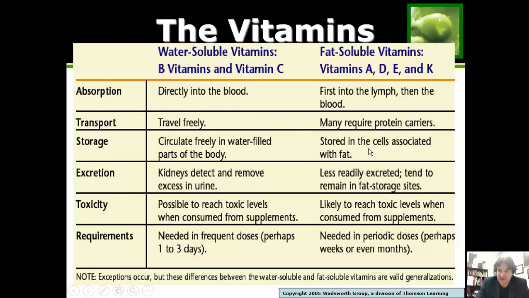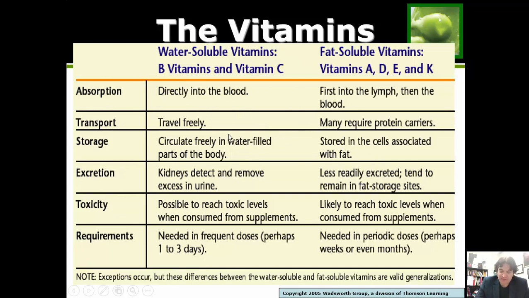Fat-soluble vitamins, A, D, E, and K, are actually stored in the body, in cells, and oftentimes in fat. So they stick around. So basically, your water-soluble vitamins, you have to take them every day, and they leave the body every day through the urine. Fat-soluble vitamins can get stored up in fat. You don't necessarily have to have them every day, although there are some that you do.